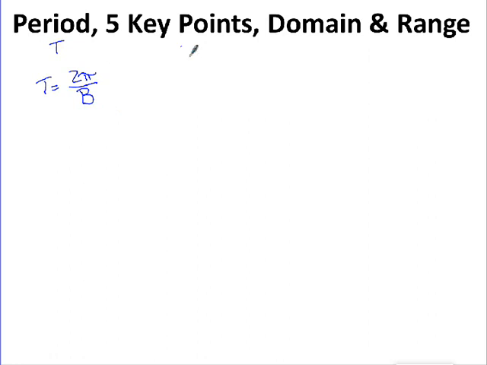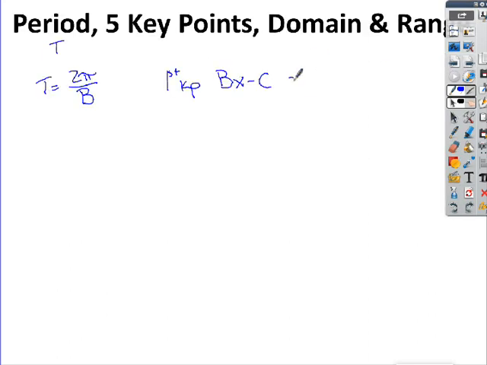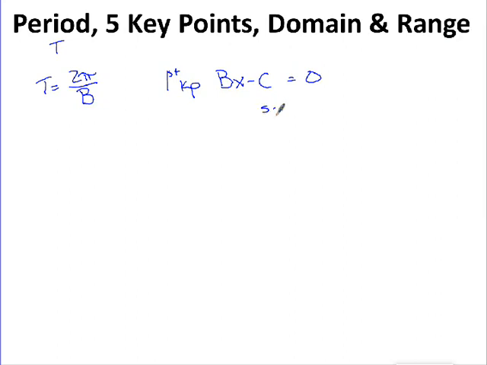All right, and then our 5 key points, here's how this is going to work. For sine, the first key point is going to be bx minus c, the part of the equation that's in parentheses, equal to 0, and then you are going to solve for x. That is how you're going to get your first key point.